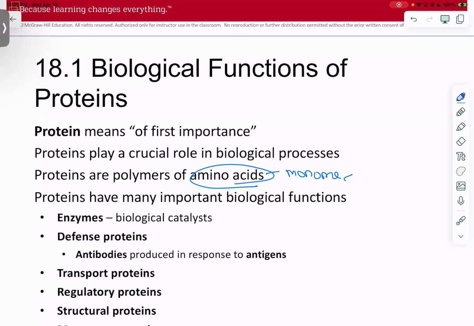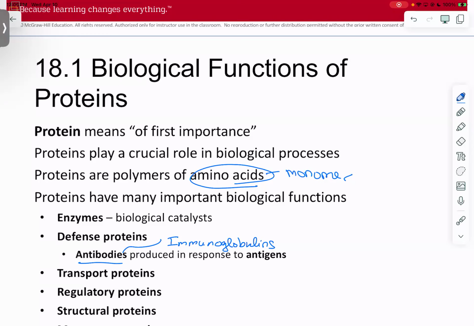Defense proteins, these are super, super important. Sometimes you'll see them called antibodies. Sometimes you'll see them called immunoglobulins. But it's the same thing. Antibodies are the same thing as immunoglobulins. And antibodies are always going to recognize antigens.